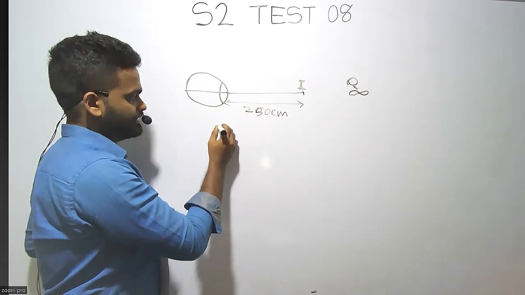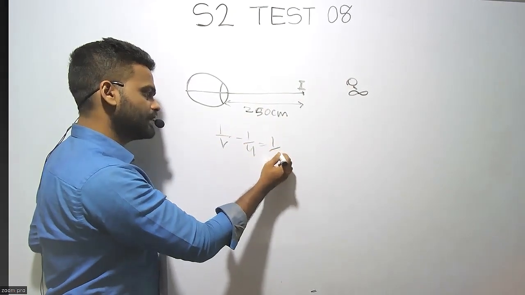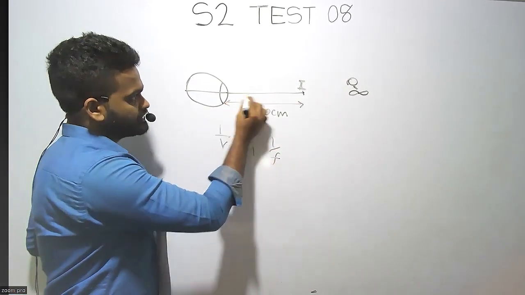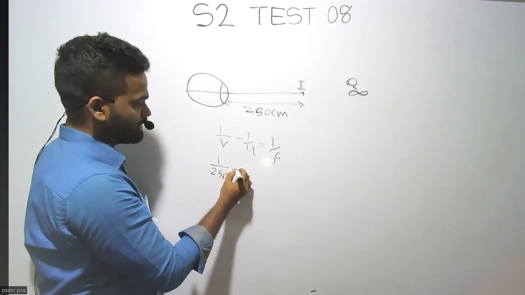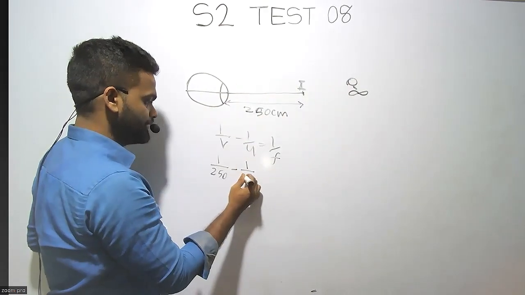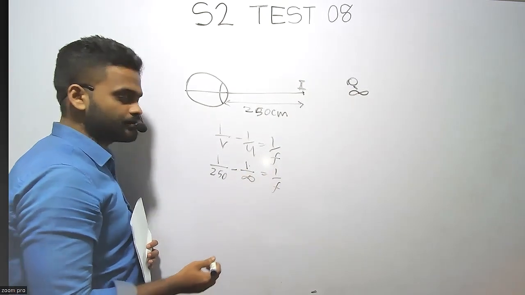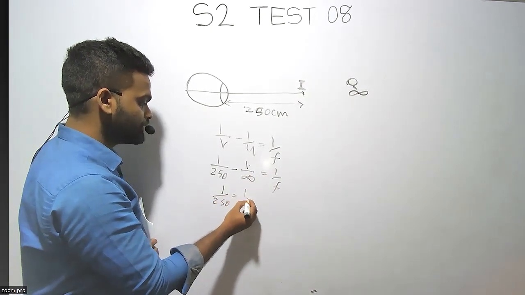So you can say 1/v minus 1/u equals 1/f. Image is formed here, so it is 1/250 minus 1/u. Object is here, at infinity, equals 1/f. So 1/infinity is 0. 1/250 equals 1/f.